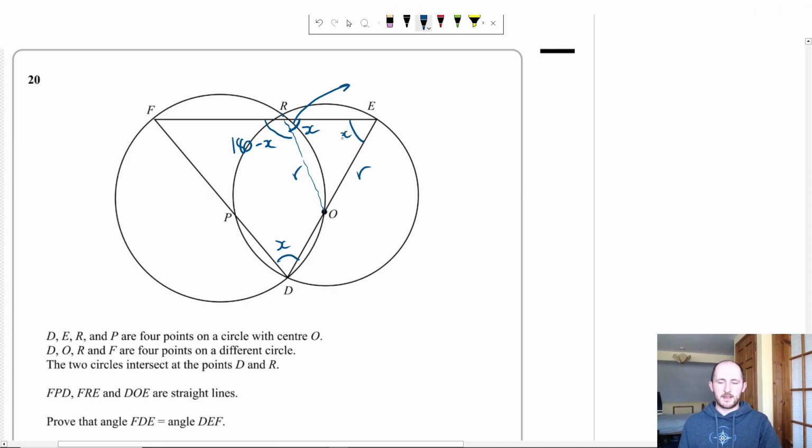So obviously you need to actually write some words down. So you can simply say that if FDE was X, then FRO is 180 minus X because of cyclic quadrilaterals.